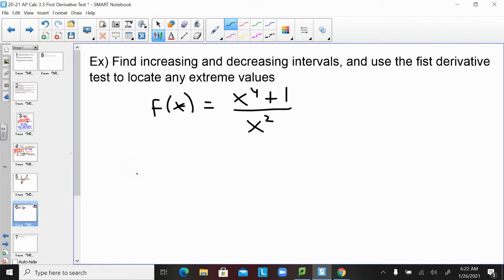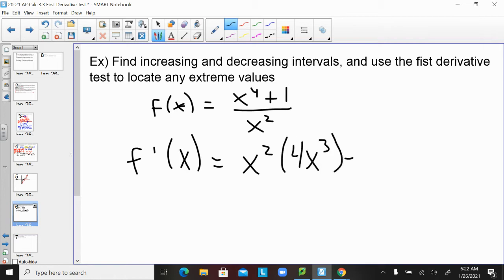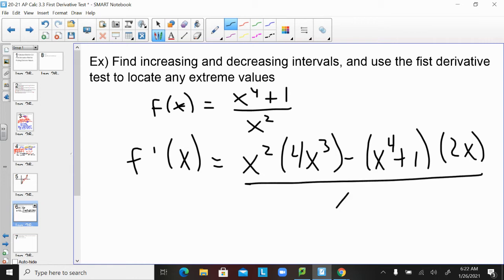I guess I need to use the quotient rule on this. F prime of x is the bottom times the derivative of the top minus the top plus 1 times the derivative of the bottom, all over the bottom squared. Clearly, I want to set that equal to 0. It's going to be easier to do that if I can make that simpler.